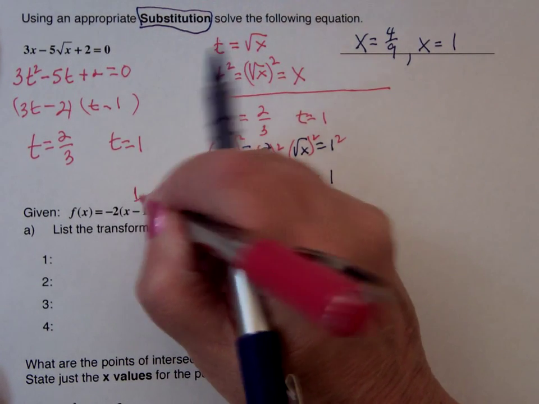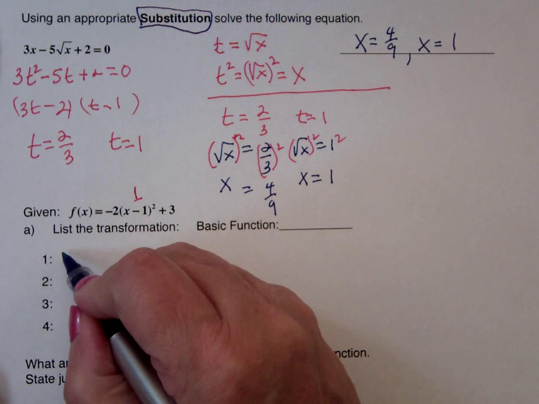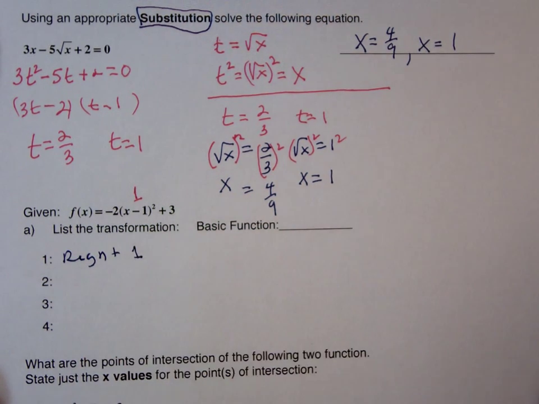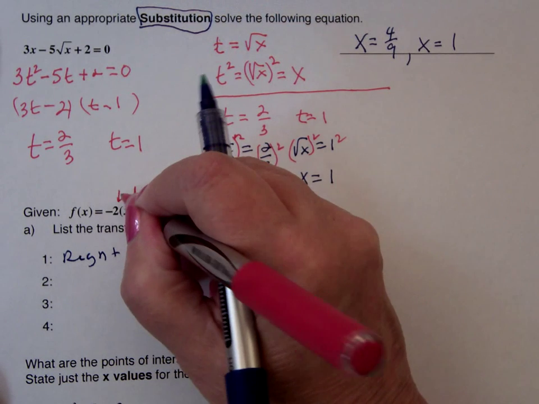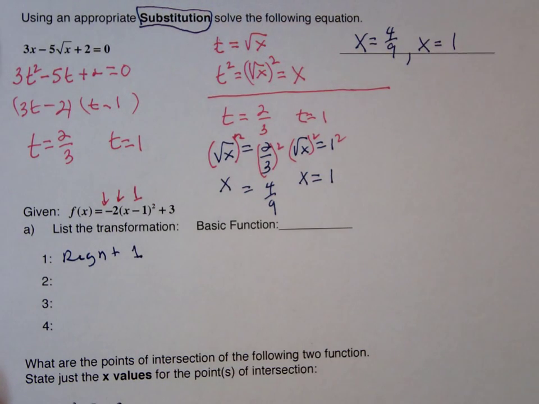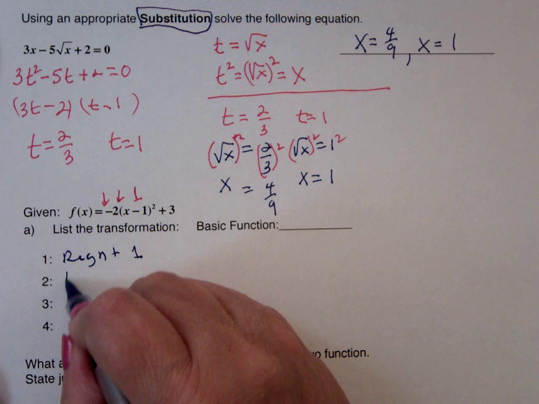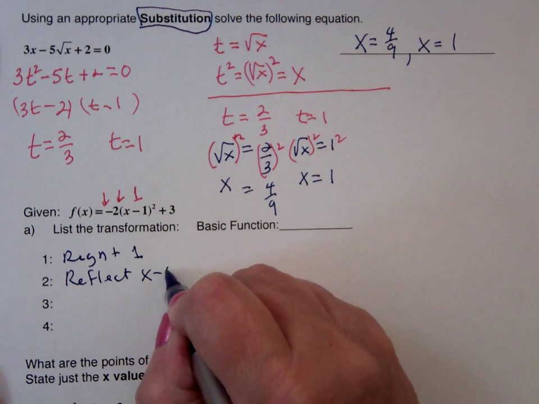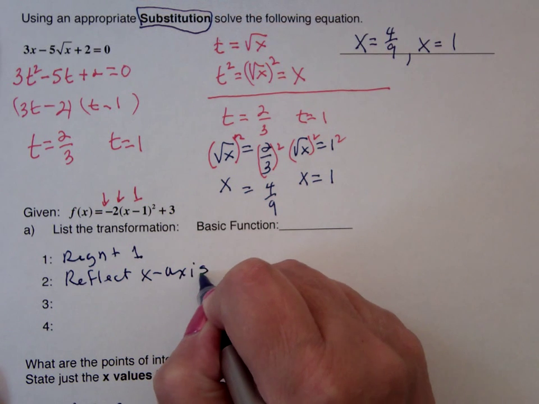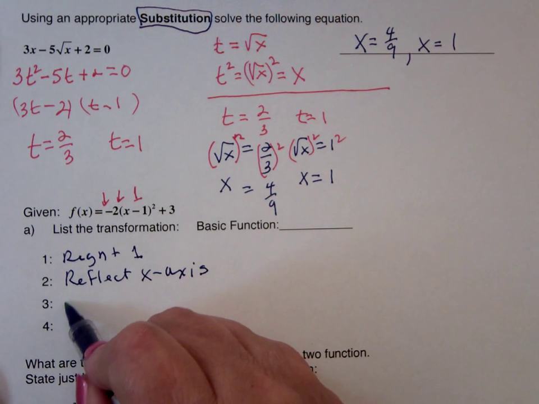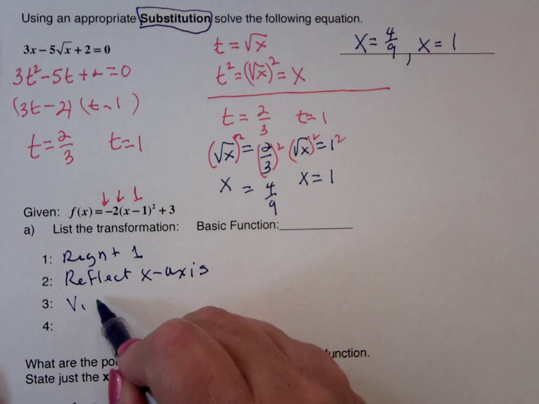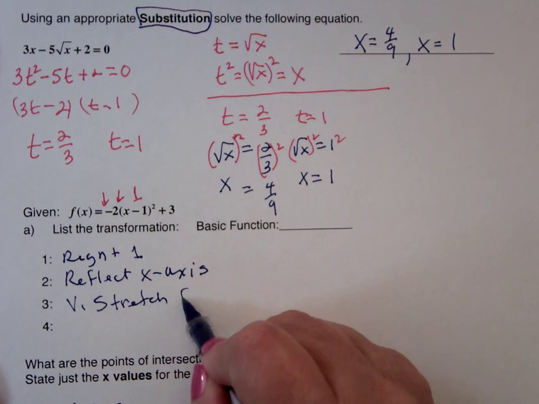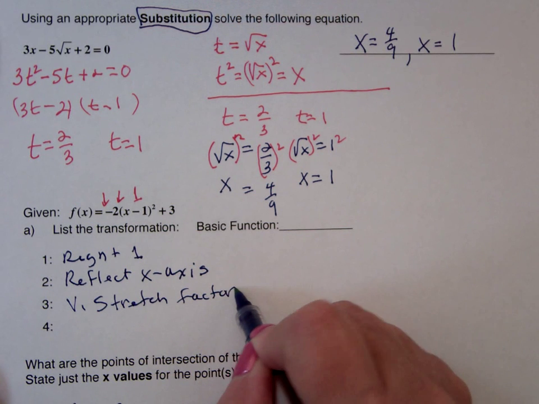This is a 1. So this says I am right 1. Then I come to the outside and I have a negative and a 2. So I have a reflect the x-axis, and then I have a vertical stretch, since it's a 2, factor of 2.